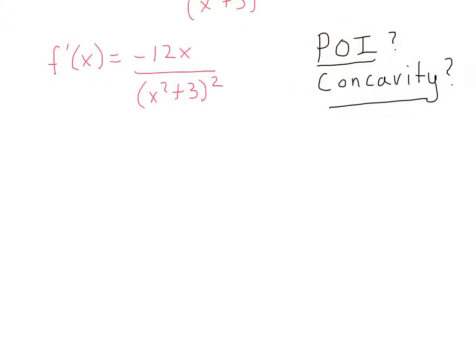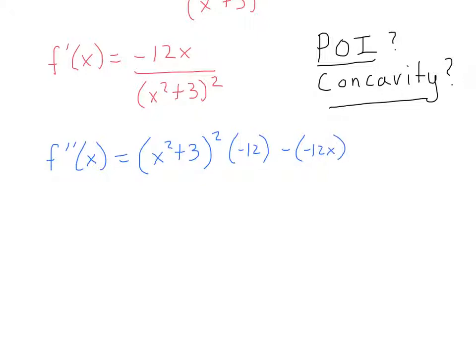So finding the second derivative is merely me calculating the derivative of the first derivative. So now I have f double prime of x equals the bottom times the derivative of the top, which is negative 12, minus the top times the derivative of the bottom.